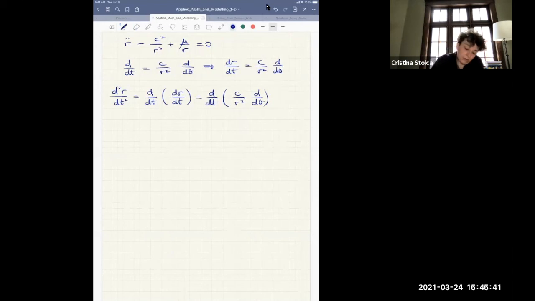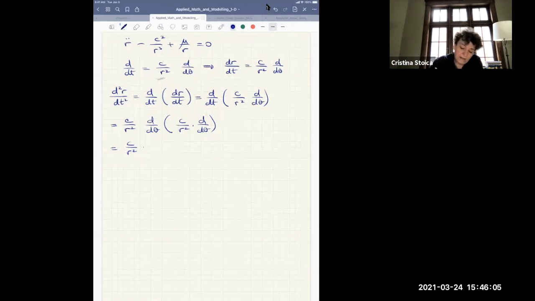Okay. So now I'm going to apply again this operator. So this will be C over R squared d d theta of C over R squared dr d theta. So this will be C over R squared. And now I have to do, this is a product, so I have to do the product rule.